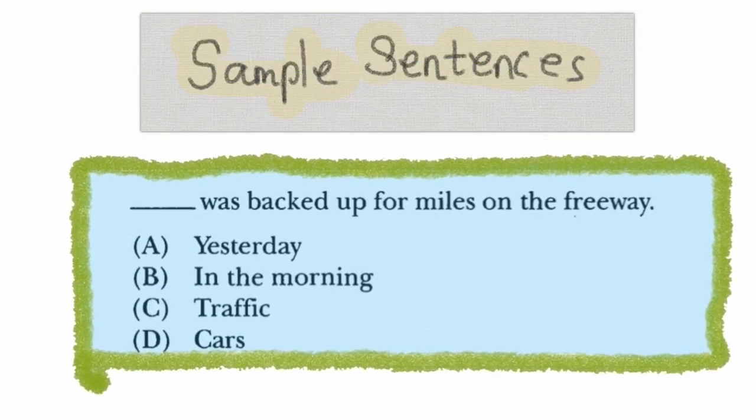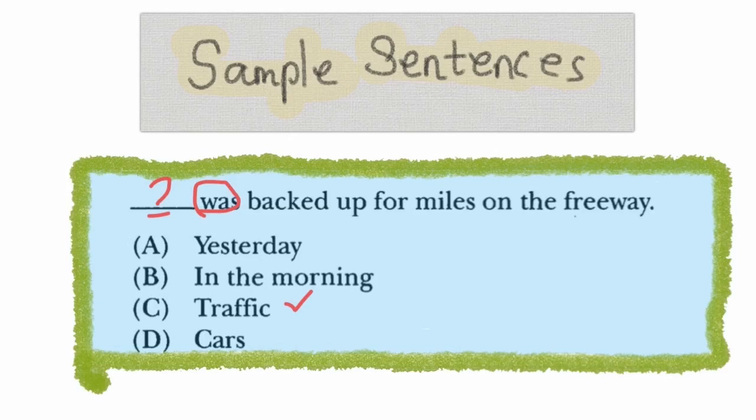Now let us see the first sentence. In this example, you should notice immediately that there is a verb was, but there is no subject. Answer C is the best answer because it contains the singular subject traffic that agrees with the singular verb was.